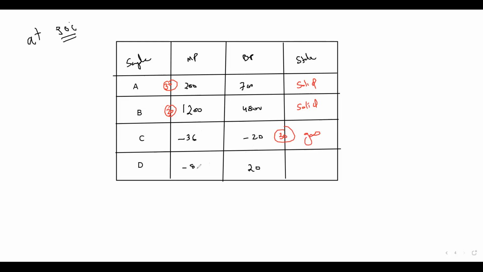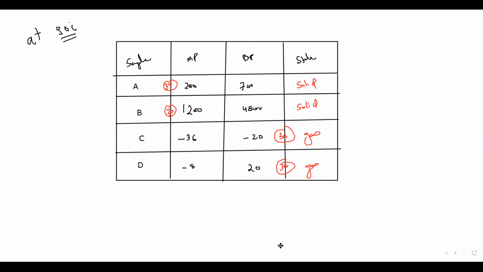And what about D? The 30 is also after the boiling point, so it will also be a gas. So the first two samples are solid at room temperature, and the next two samples are gas at 30 degrees. Is it clear? Any question or doubt related to the class?